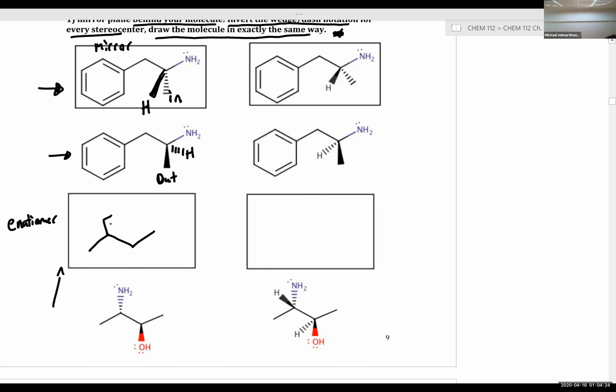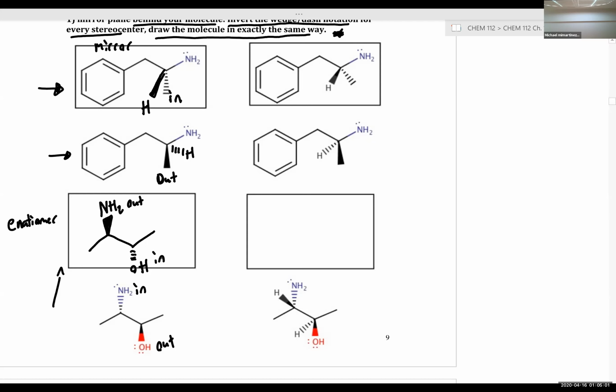However, I'm going to flip every stereocenter. So our amine is pointing in. Now my amine is pointing out. My alcohol is pointing out. Now my alcohol is pointing in. So to help everyone visualize these two enantiomers, I'm going to make a quick model kit for you all, and then I'll allow you to compare and contrast the two models.